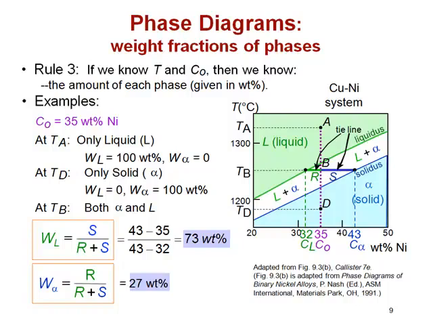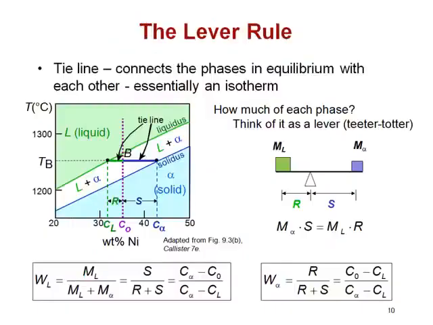If the whole material is 1 kilogram, then at this given composition, 35% and 1250 degrees, what is the mass of the solid phase and the liquid phase? 73% times 1 kilogram, which is 730 grams of liquid material, and also 270 grams of the other material. That's what we've got. Okay? So if the weight of the material or the mass is given, you can easily convert it to weight.